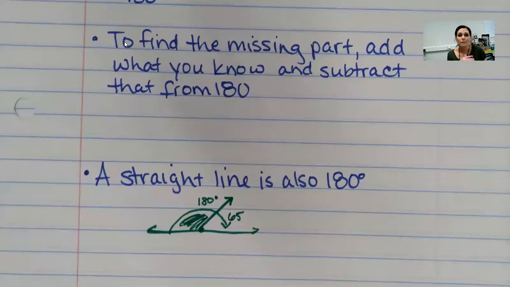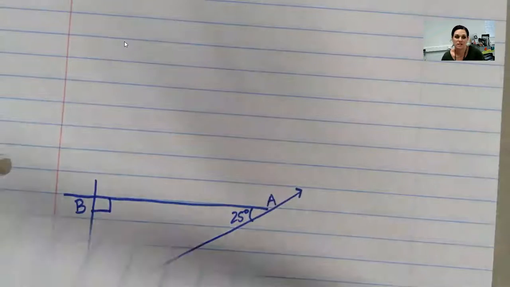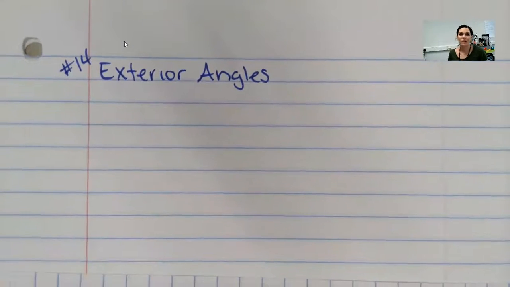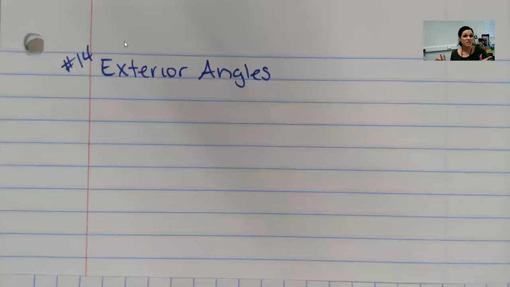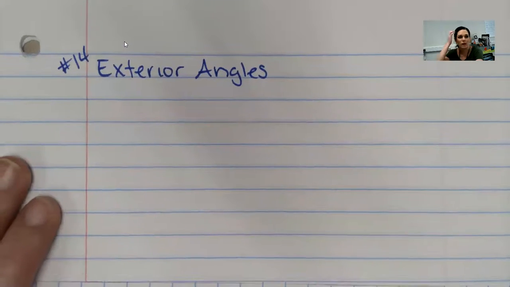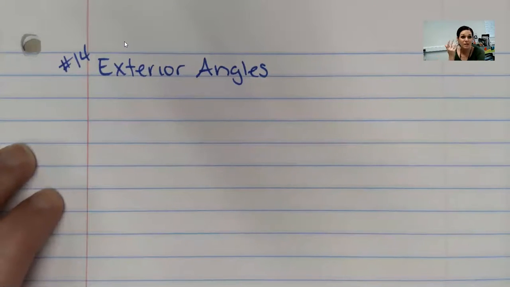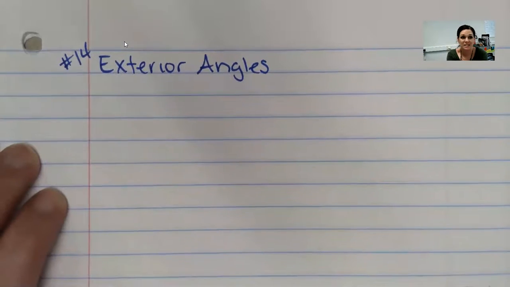Alongside interior angles, there are what are called exterior angles, and that's where I want to spend most of the time, because while the concept is easier, it's an application. We have to be able to see the shapes, and unfortunately, sometimes that part of our brain is not ready for it.